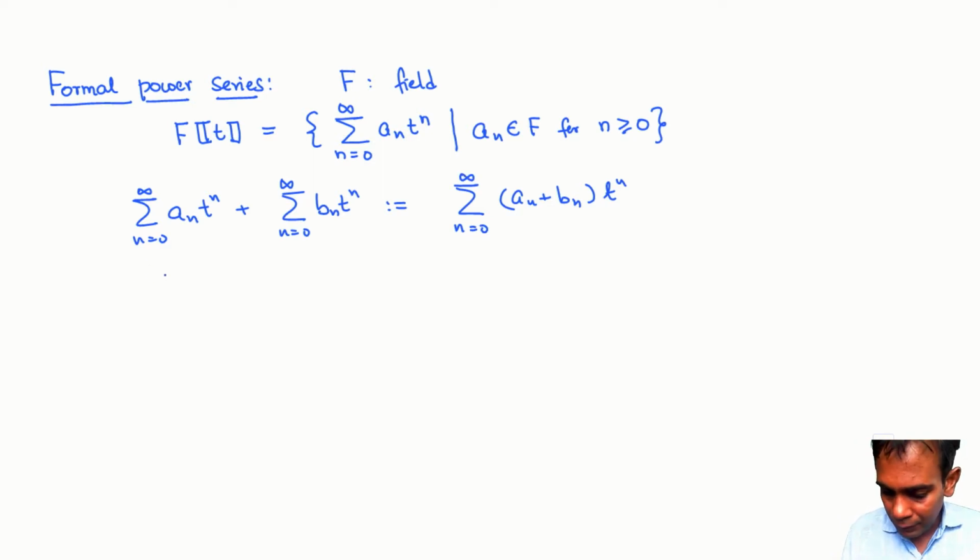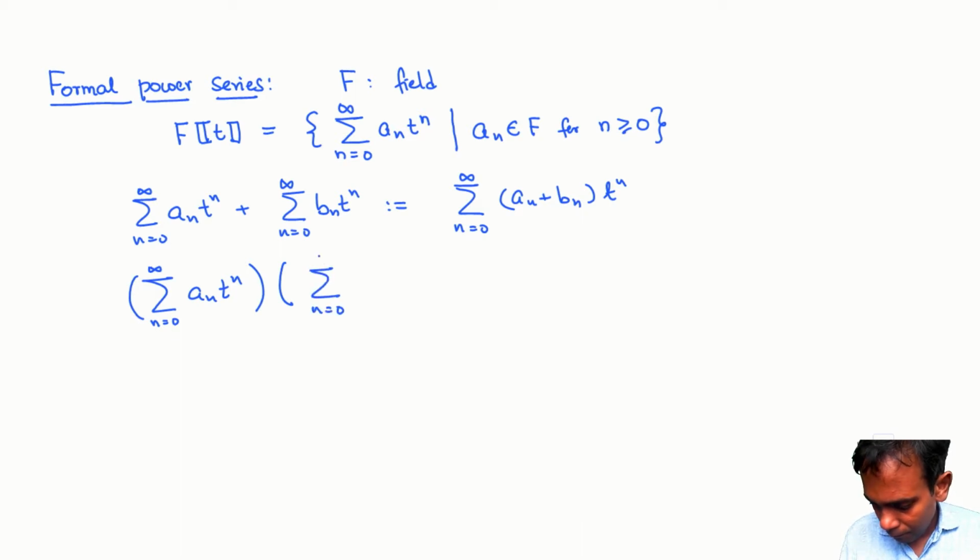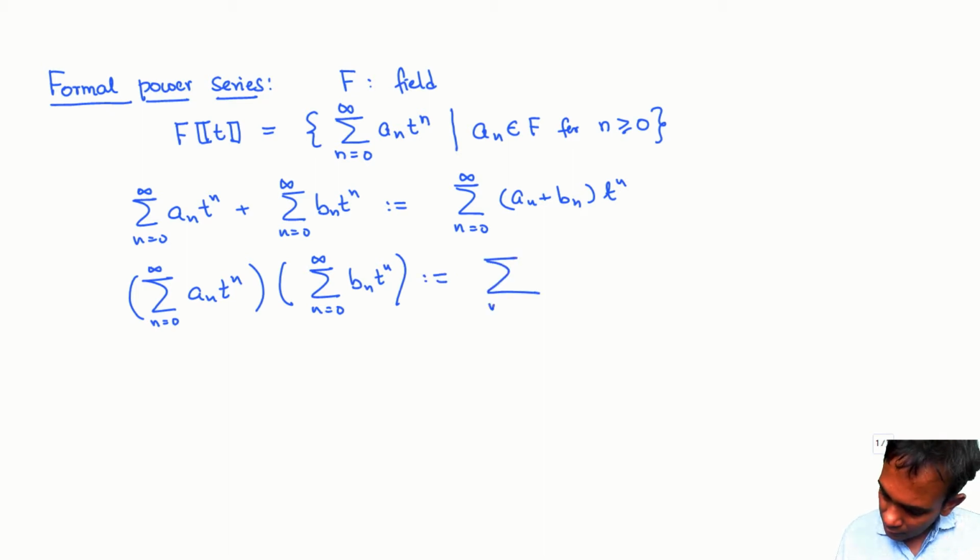And product is defined as follows: summation a_n t^n times summation b_n t^n is summation, n goes from 0 to infinity. I need to tell you what the coefficient of t^n is.